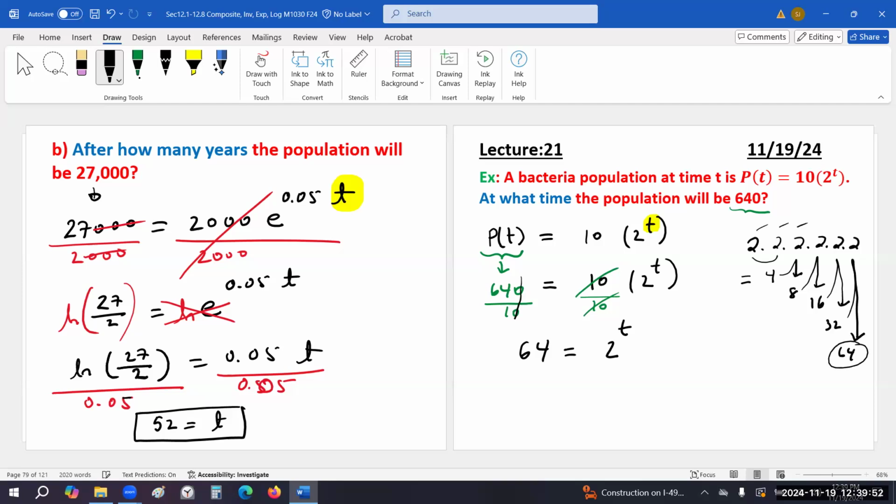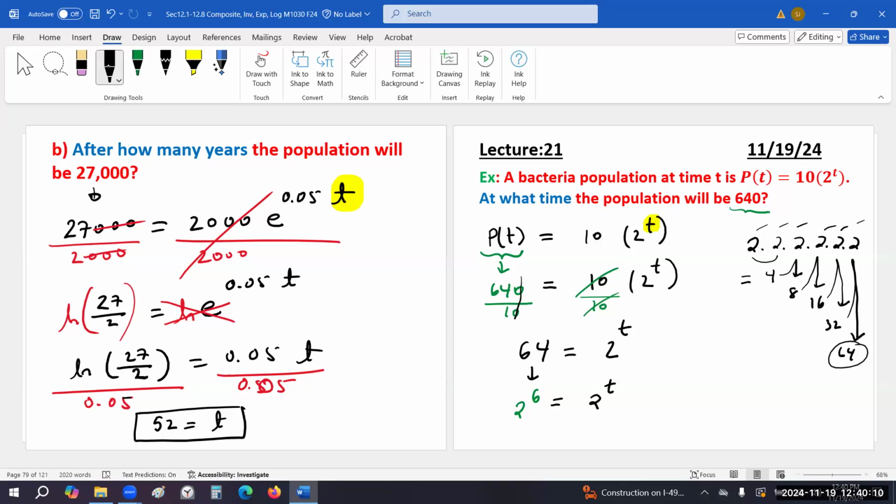So 1, 2, 3, 4, 5, 6. This is the same as 2 to the power of 6. So we rewrite the bigger base in terms of the smaller base.